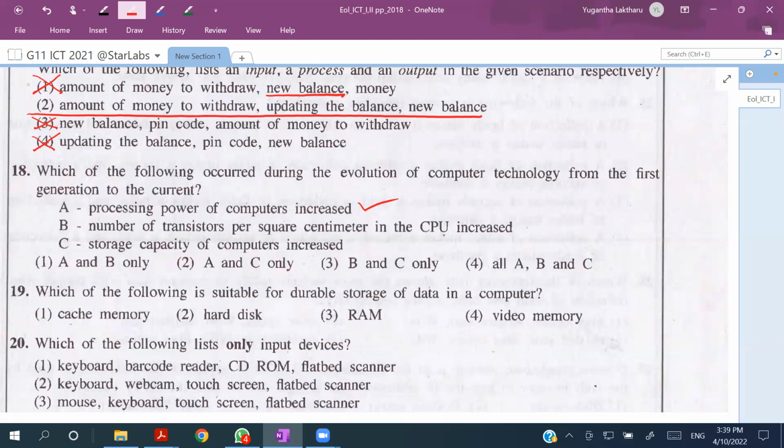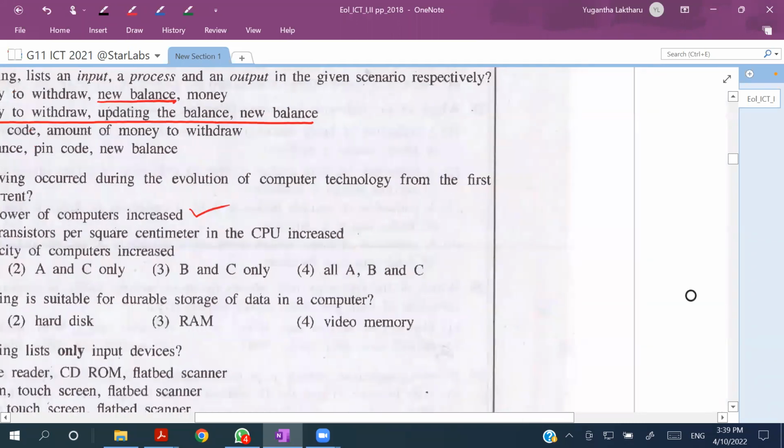Right? So it can be argued the other way as well. Hold on. Yeah, it's something controversial, right? Because for sure, in one case, it's going to increase the number of transistors in a square centimeter because the technology is getting more and more advanced.